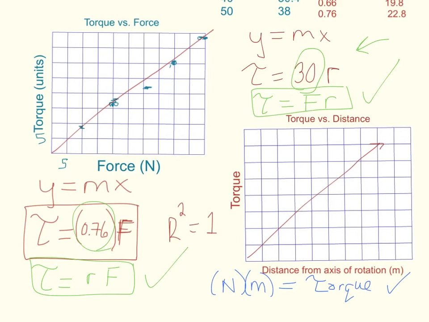And that is correct. A newton times a meter, or a newton meter, is torque. Alright, so that's the unit. So now I could add this to my graph, a newton times a meter. It's not a nanometer, right? That would be a little n, but a newton meter. So I'd add it here as well.